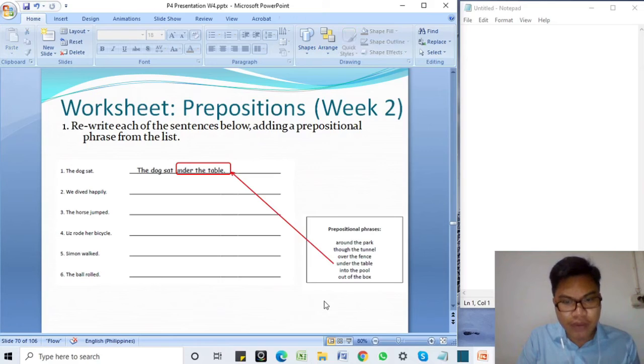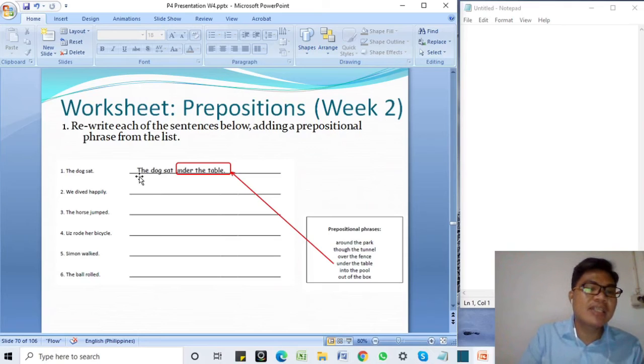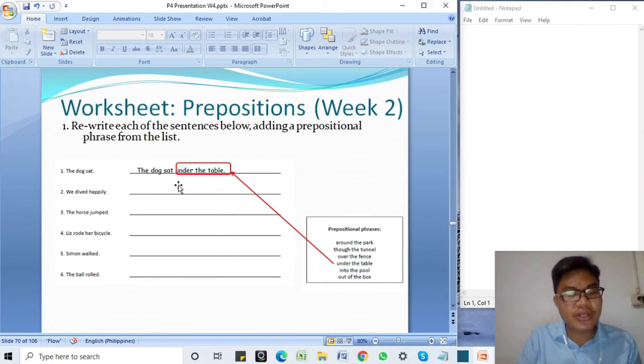Under the table, right? So the dog sat, and then I rewrote it and added under the table. The new sentence now is: the dog sat under the table. So you have to answer 2, 3, 4, 5, 6.